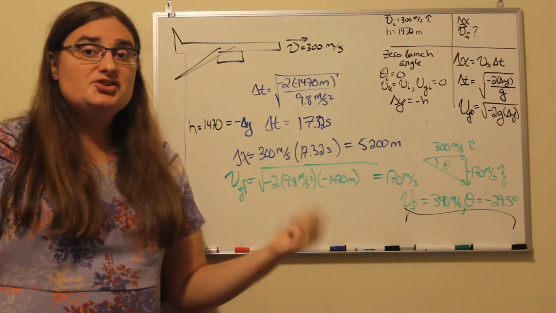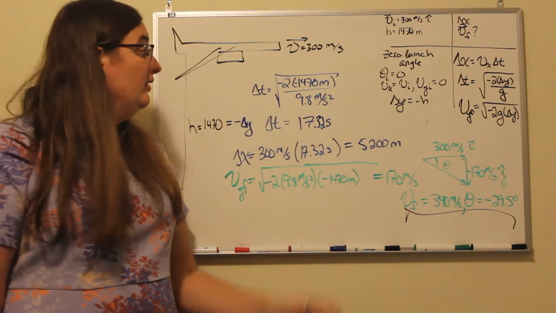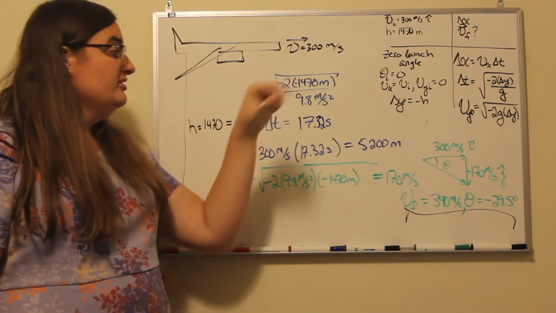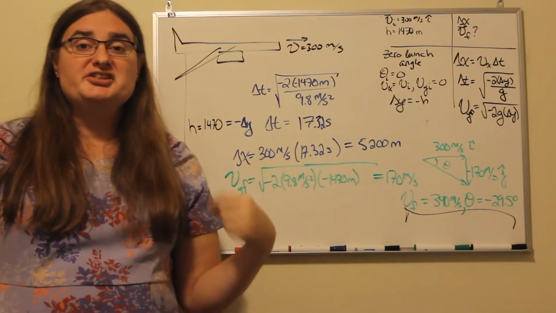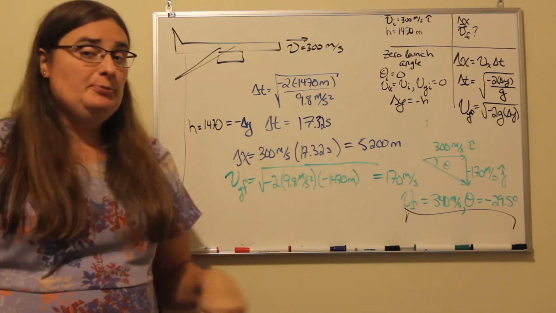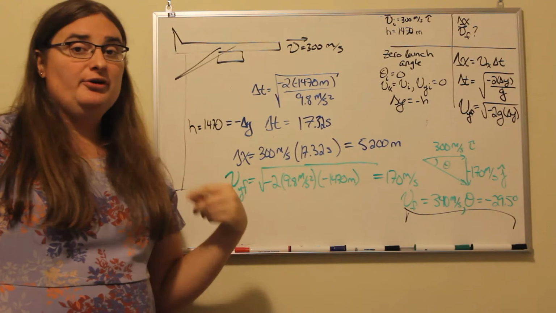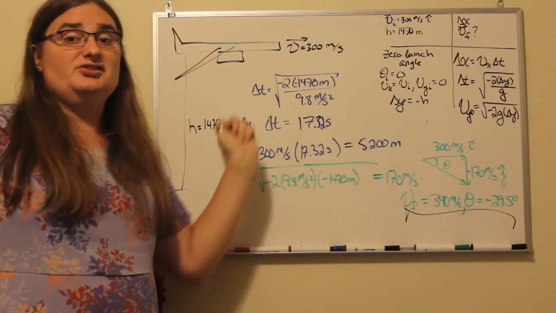So, to find the time of the fall, we'd have -2 times -1,470 meters, the initial height of the plane, divided by 9.8 meters per second squared, and that would give me, under the square root, 300 seconds squared.